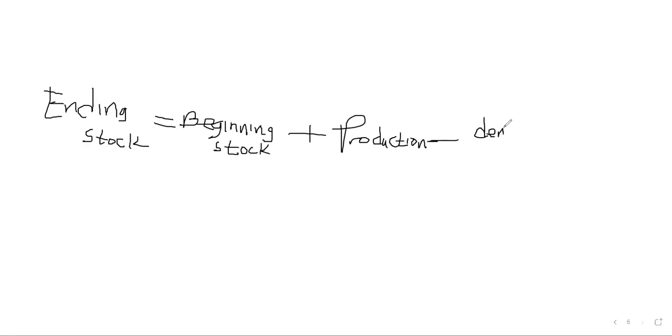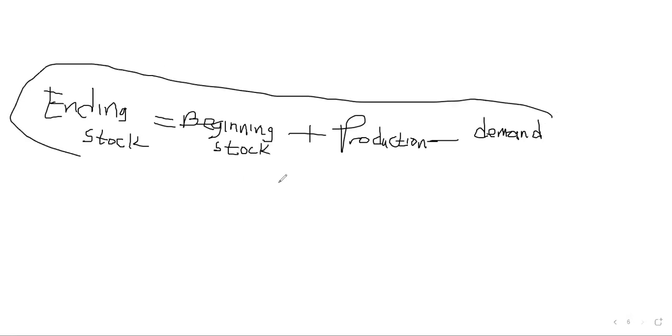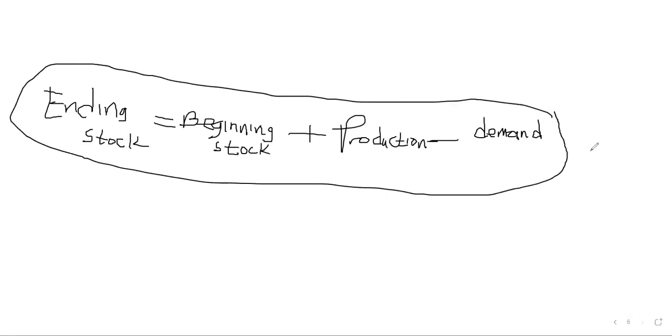So this is the formula for ending stock. Please take note of this formula. So the ending stock is the beginning stock, what we opened with, plus what we have produced, minus the demand.